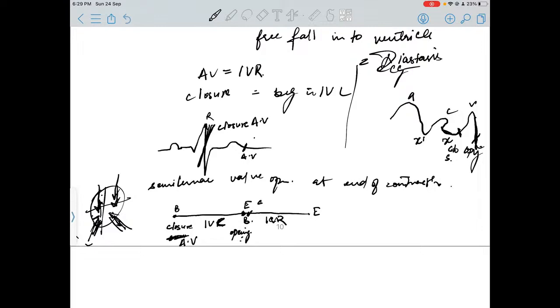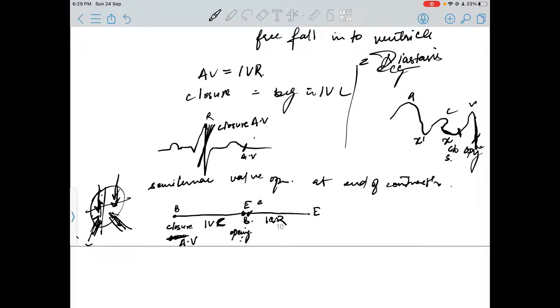So this is happening. Now this is opening and closure of the AV valve and opening and closure of the semilunar valve. What happens in the ECG, we'll discuss later.